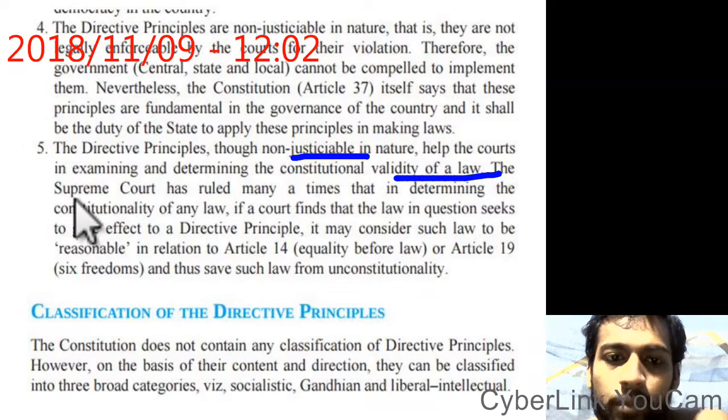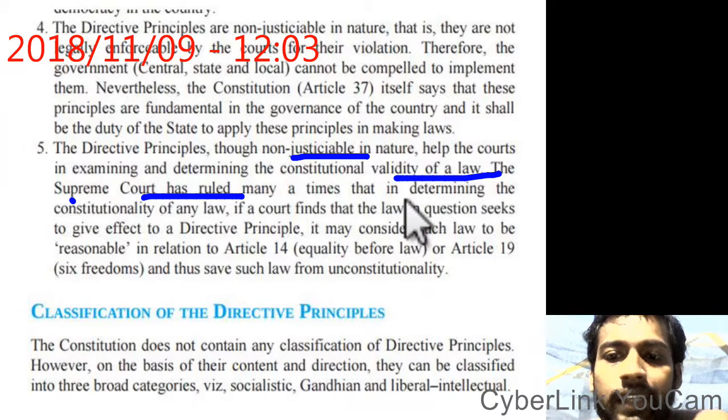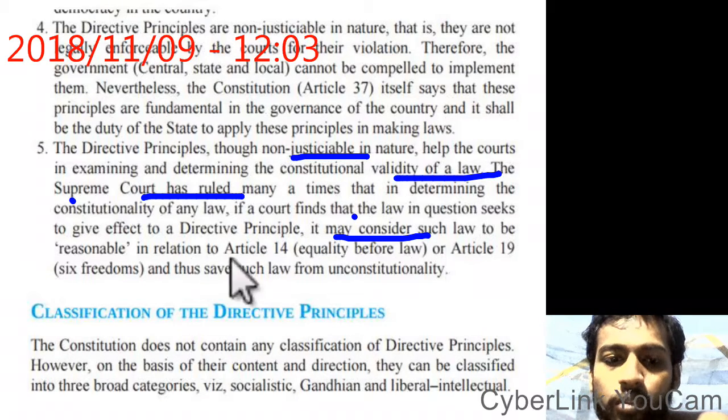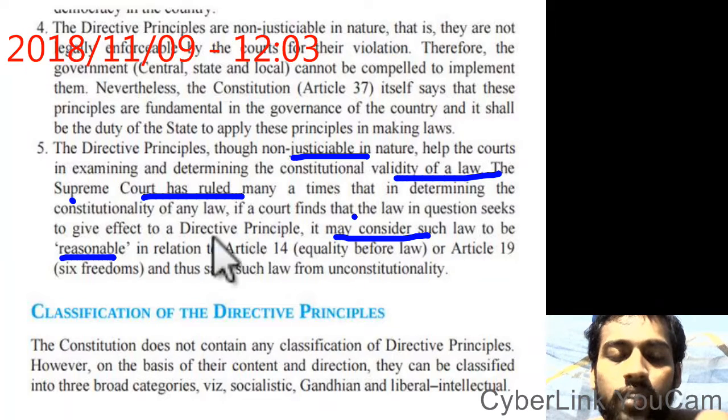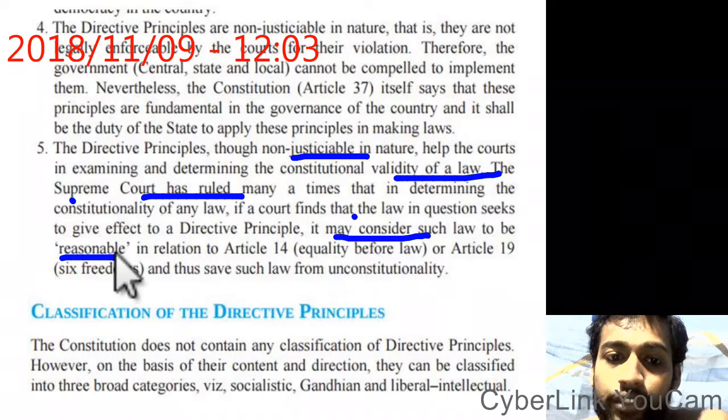The Supreme Court has ruled many times that in determining the constitutionality of any law, if a court finds that the law in question seeks to give effect to a directive principle, it may consider such law to be reasonable.